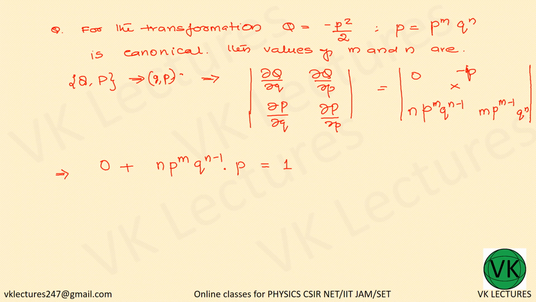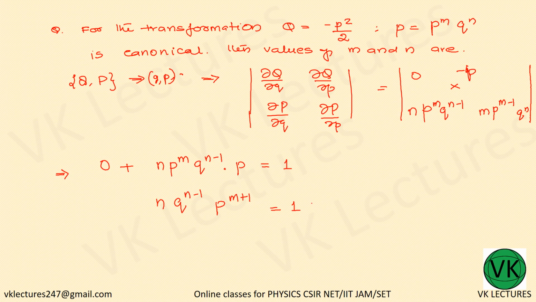So n P to the power m Q to the power n minus 1 into P, so n Q to the power n minus 1 and P to the power m plus 1 is equal to 1.